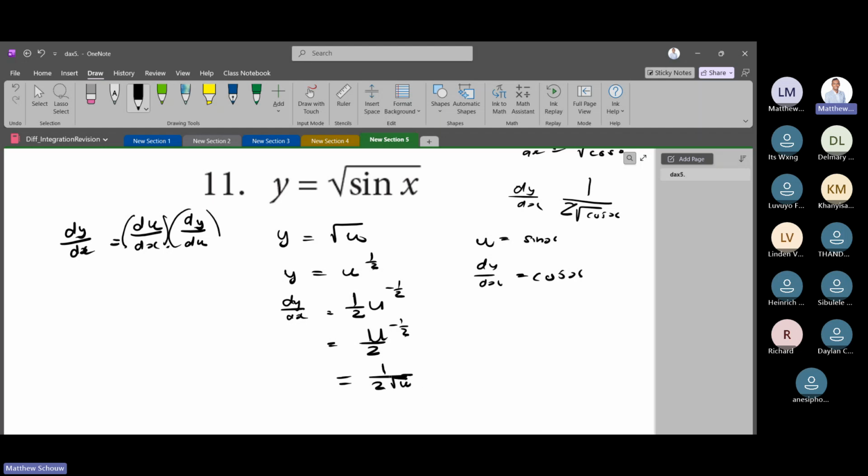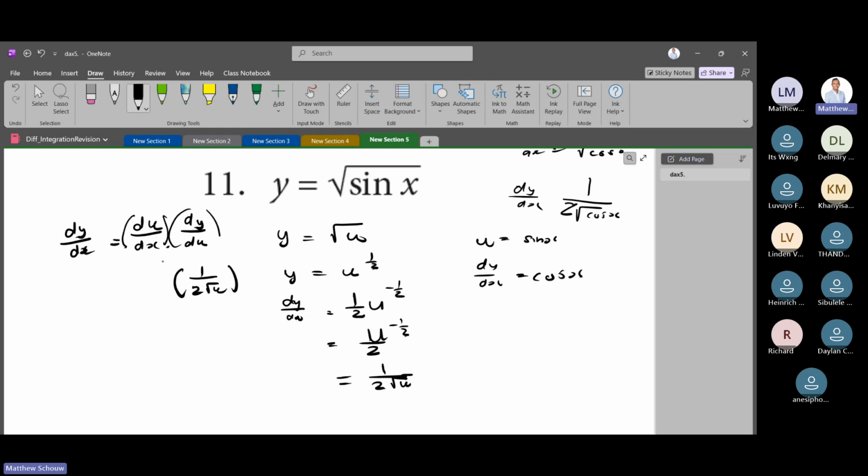Once you have this, we have dy/du. Forgive me for this one. Independent variable. So dy/du comes over here, which is 1 over 2 root u. And then we have du/dx, which is cos x.